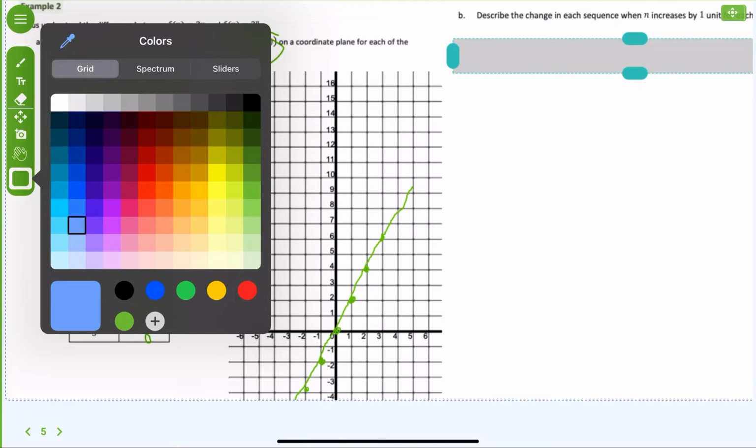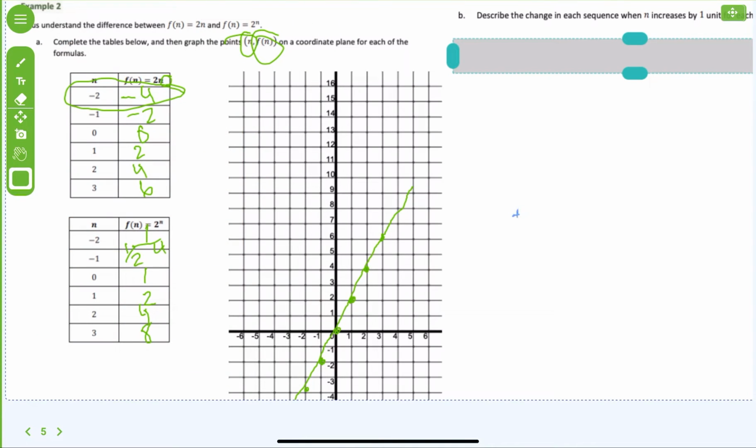Okay. Now I'm going to change colors here so we can see it different. Let's go with this blue. Okay. So this one's going to be in blue here. We have negative 2, 1/4. So that's going to be right here. Oh, nope. That's going to be positive 1/4. Sorry about that. Negative 2, positive 1/4. Negative 1, 1/2, okay, 0, 1.